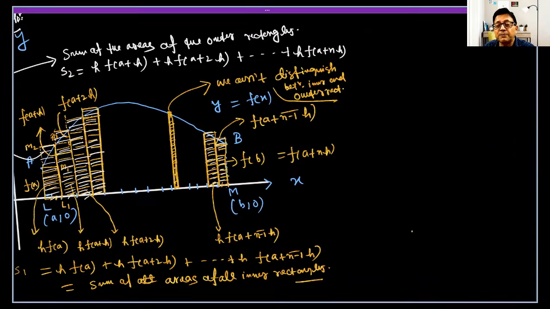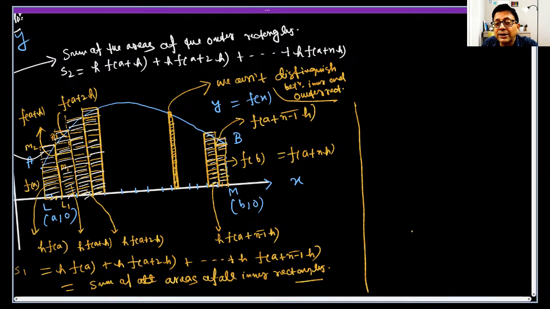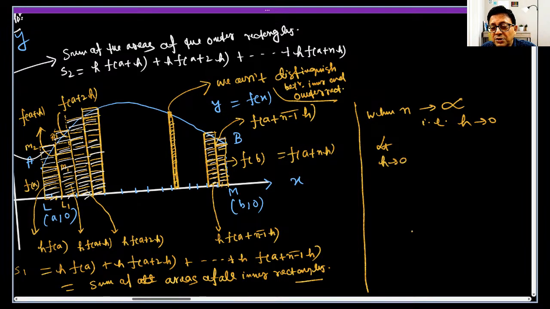So let me complete this part. So when n is tending to infinity, that is h is tending to 0, limit h tending to 0, h sigma f of a plus rh, r from 1 to n, which you have done before, and this thing is what?